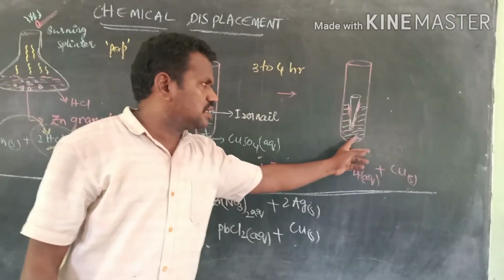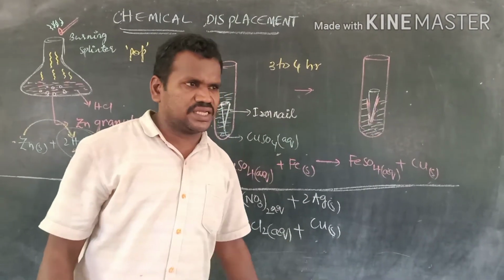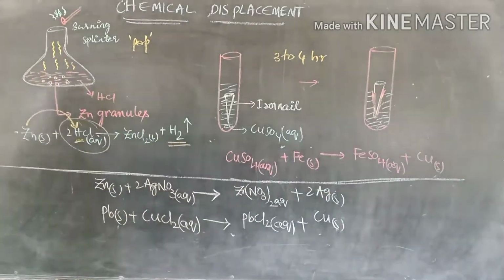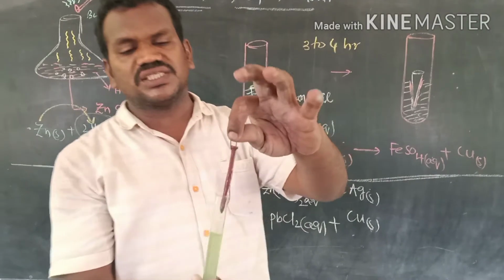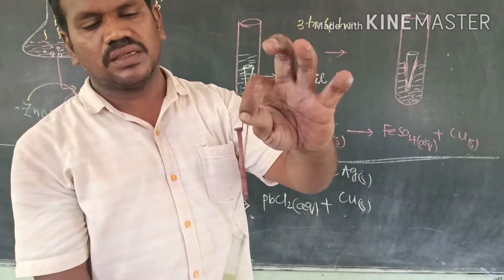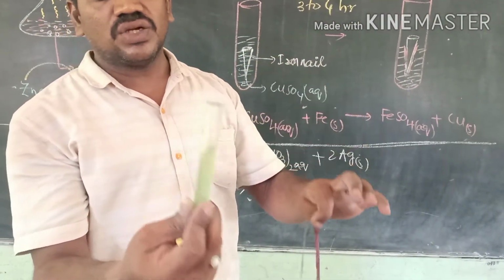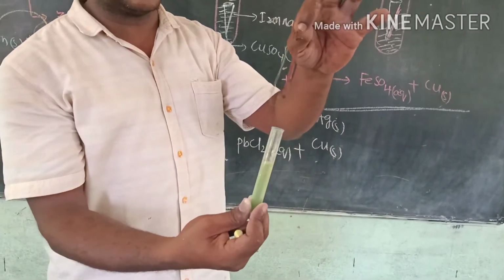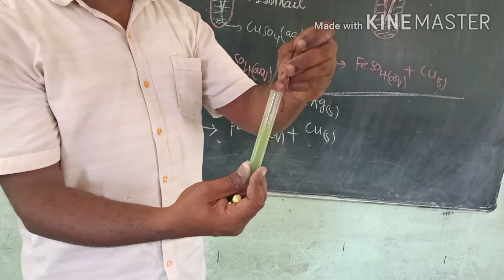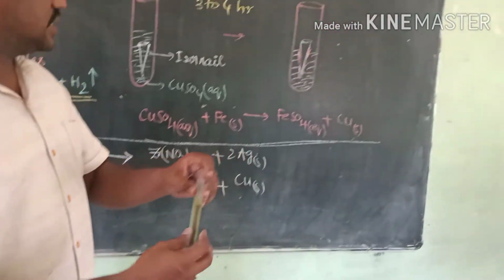After 3 to 4 hours, a red colored substance is formed on the iron nail. This means the original blue color of the copper sulfate has faded out. Why did it happen like this? Here the reaction follows like this.